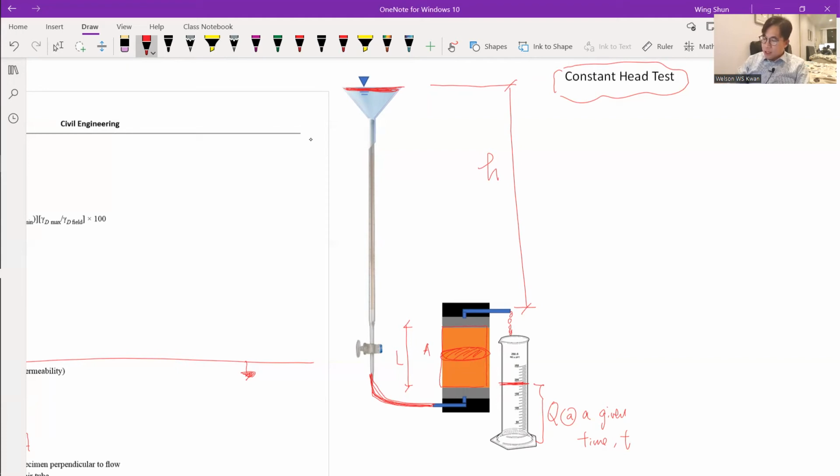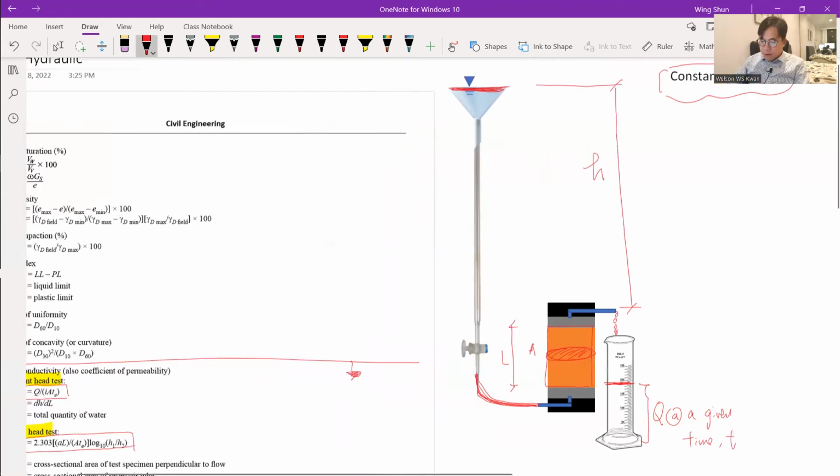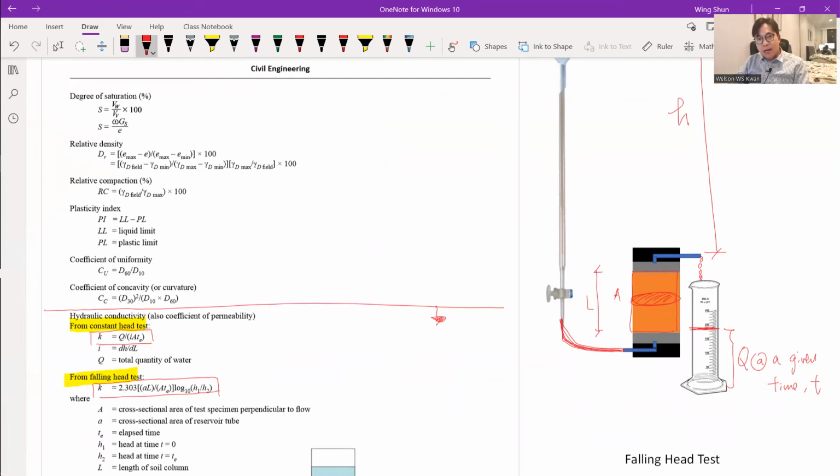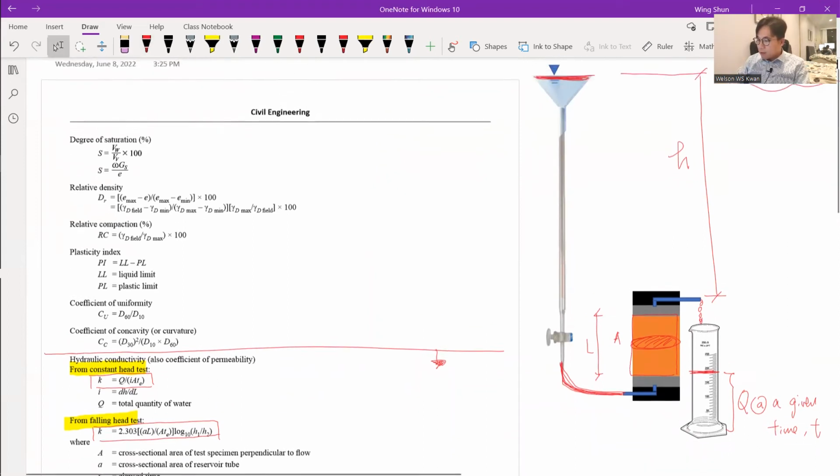With all these known parameters and the help of Darcy's law, we hope to find the hydraulic conductivity of the soil, which is the main purpose, and part of the FE exam that requires you to understand how to apply this constant head test formula.